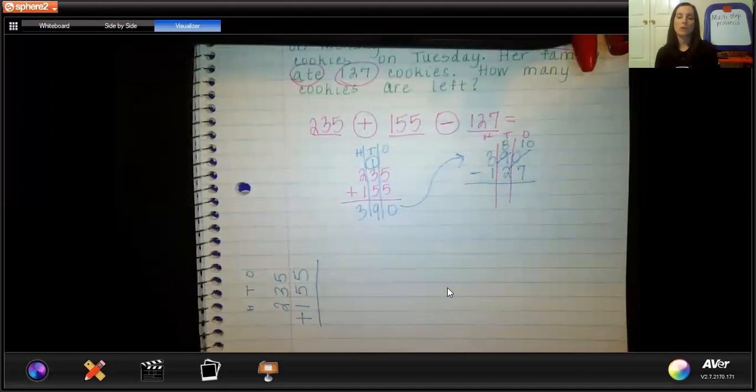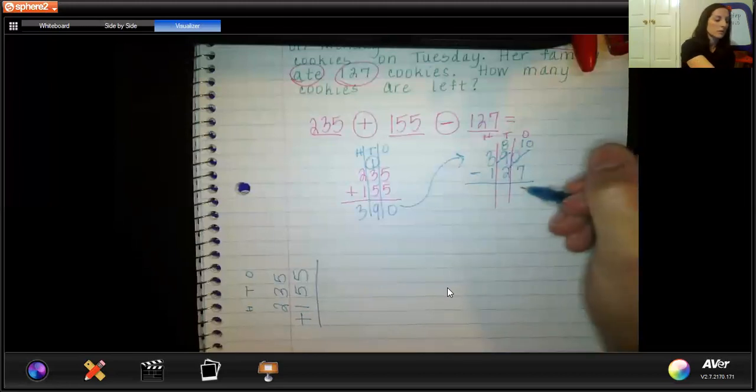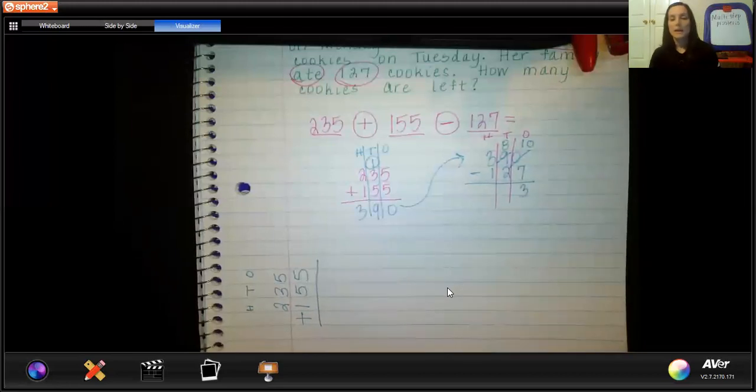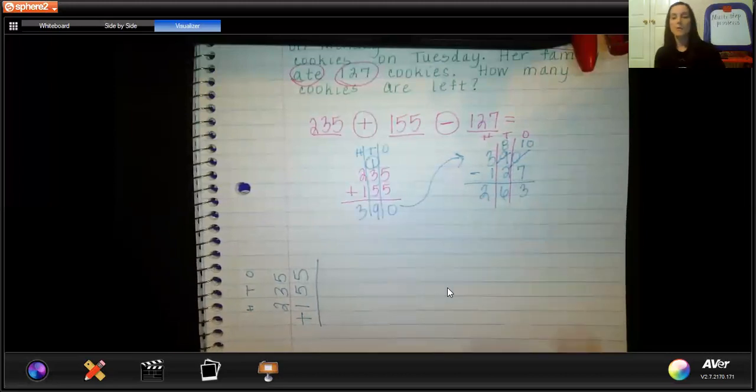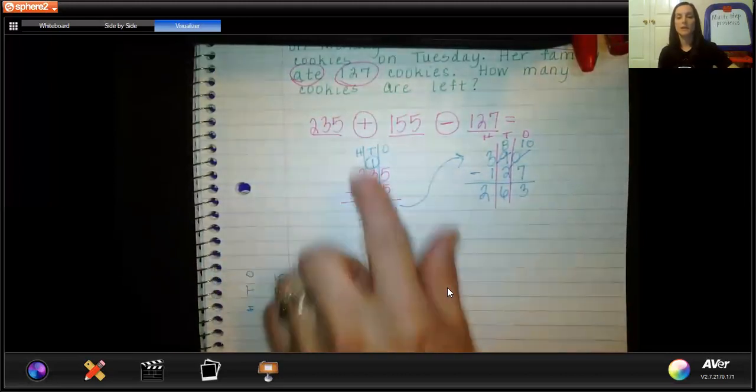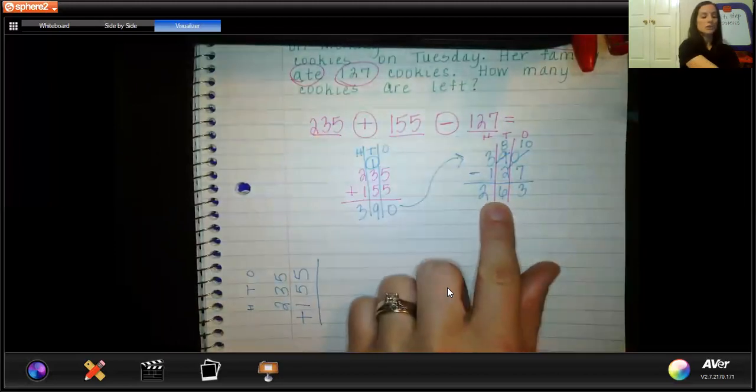Now we can solve that problem. If we have 10, we take away 7, it would be 3. Now we move over to the tens place value, 8 minus 2. And then the hundreds place value, which is 3 minus 1. And now we have our answer, okay? So our answer should be 263.